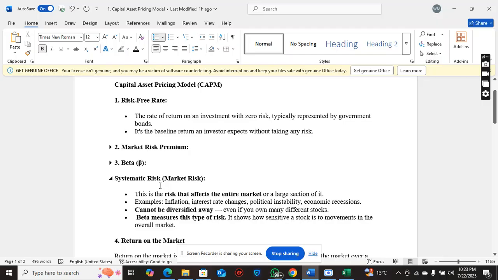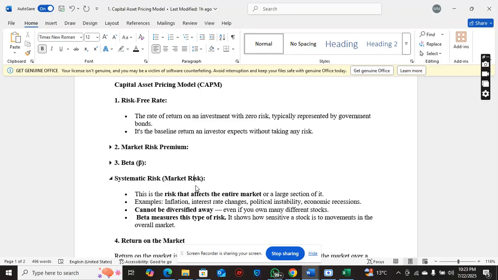All right. So to be specific, the type of risk this beta is measuring is what we call systematic risk. Systematic risk is a risk that affects the entire market, the stock market, basically.